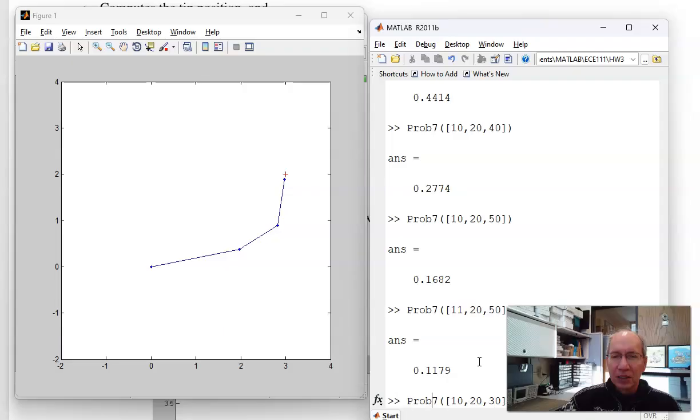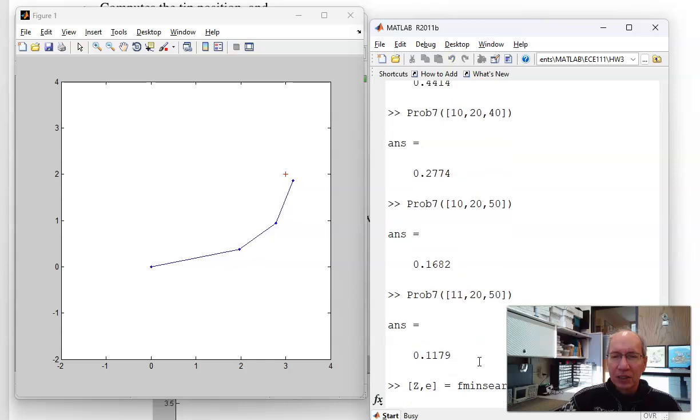So here I'm going to say ZE. Z is the answer, E is the error. I'm going to call fminsearch. The function I want to minimize is problem 7. And here's my first guess. What it's going to do is guess, and try to figure out what minimizes the result.